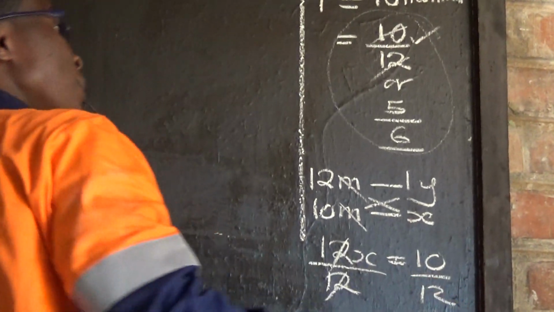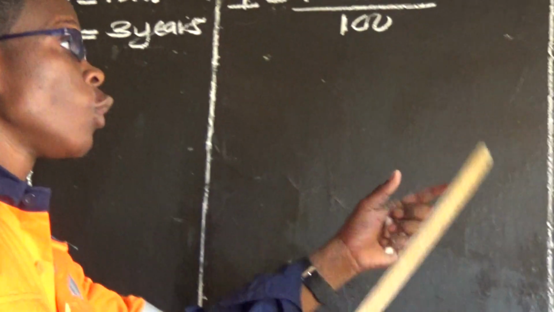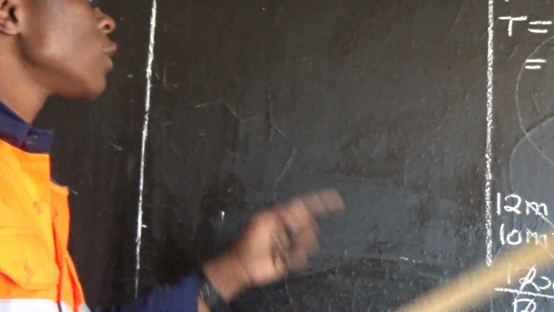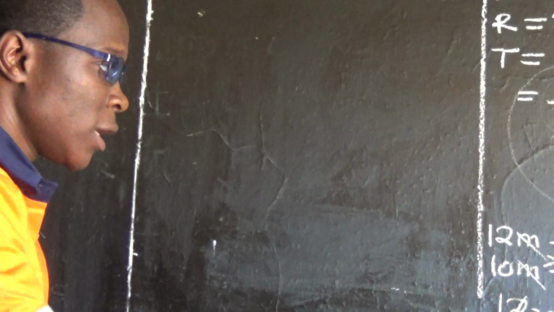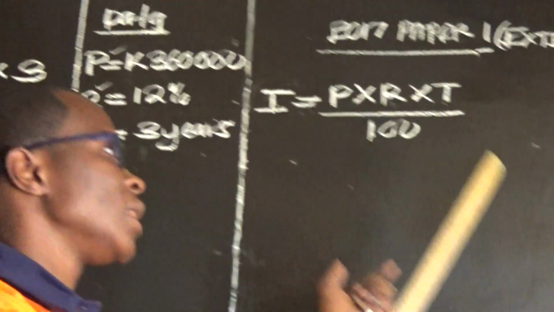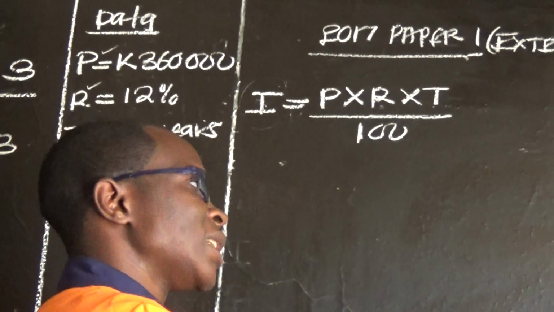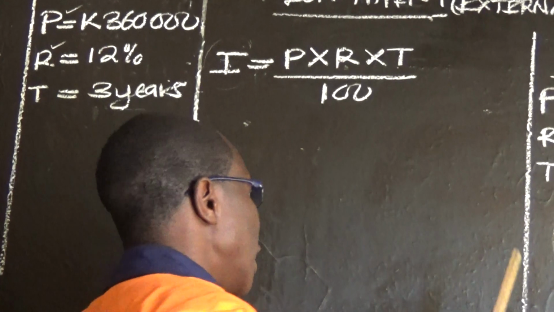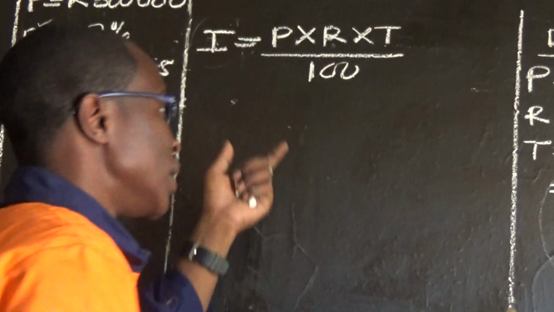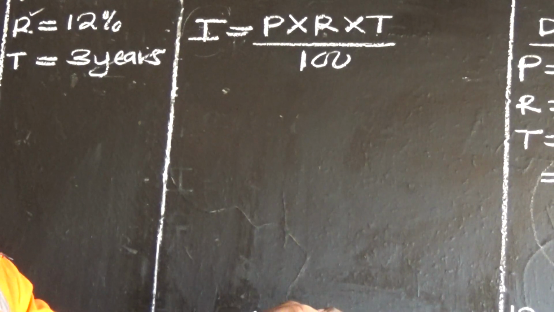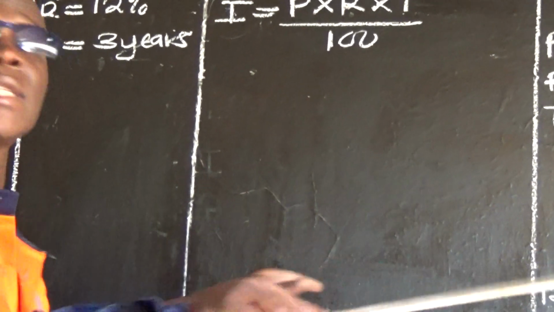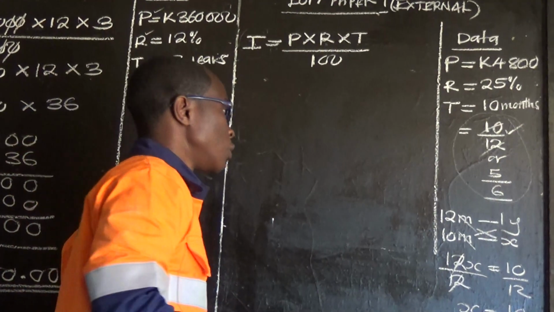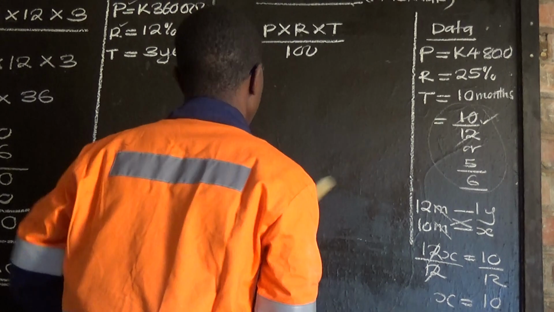But during the final exam, people, because you guys are going to be in a race against time, there is no need of you doing this derivation. Just need to know that if you have been given time in months, you just divide by 12. And moreover, this simple interest comes in paper 1, where you just write answers. So no need of you panicking. Okay? So we can now move on.